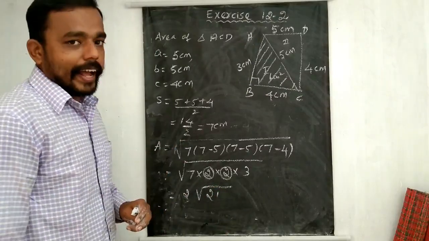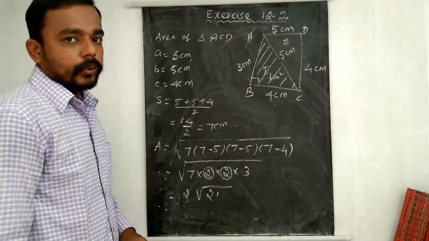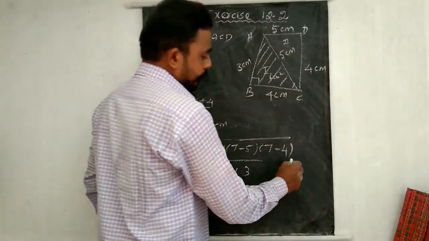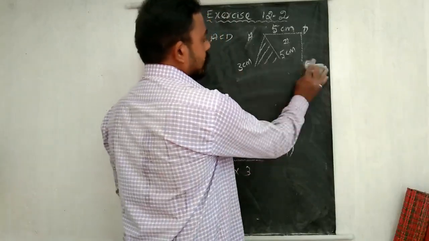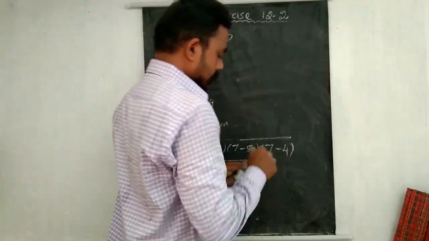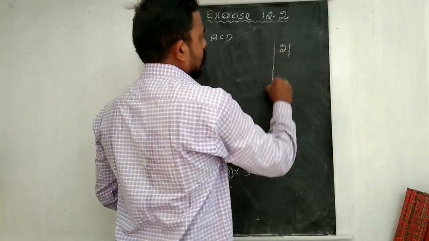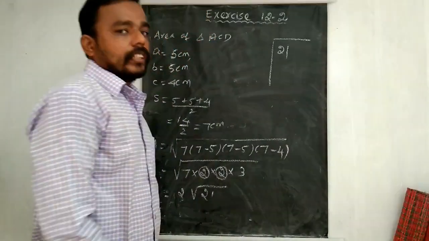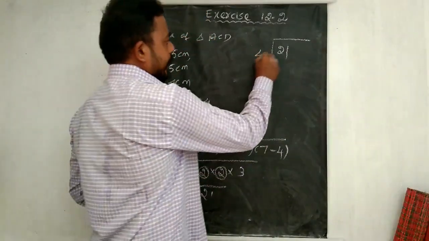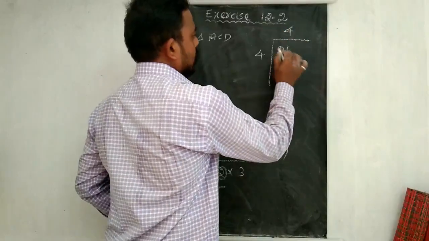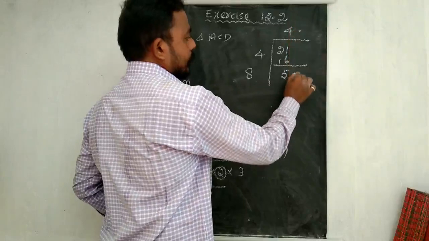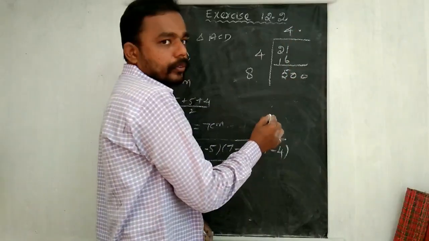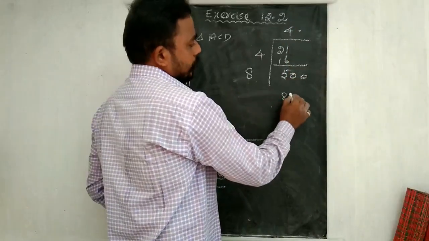Now it's not possible to add like this, so I need to find the value of root 21. 4 4s are 16, 5 5s are 25, so 4, remaining 5, double 8, put a decimal.